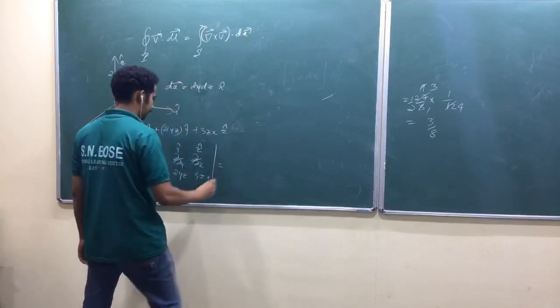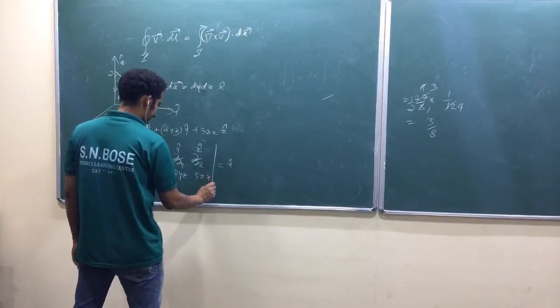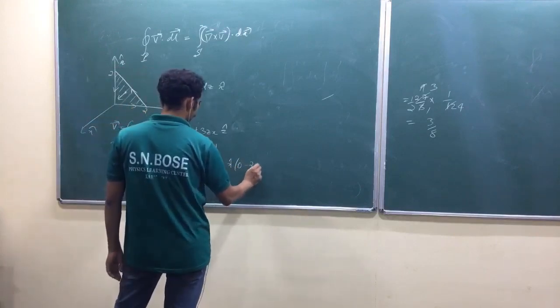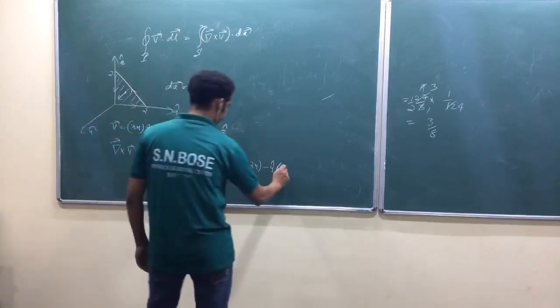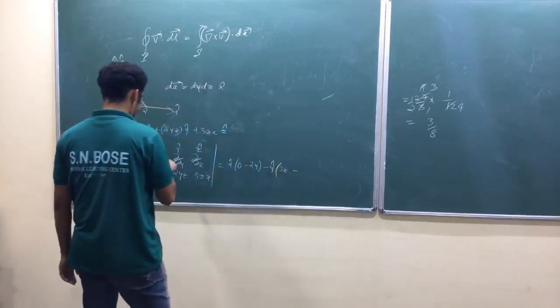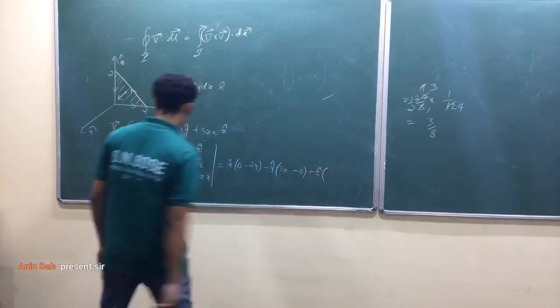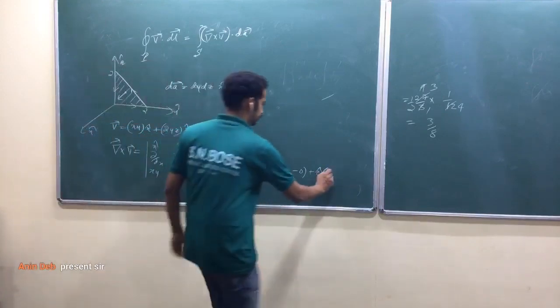Don't skip any step, okay? x cap into 0 minus 2y, minus y cap into 3z minus 0, plus z cap into 0 minus x.